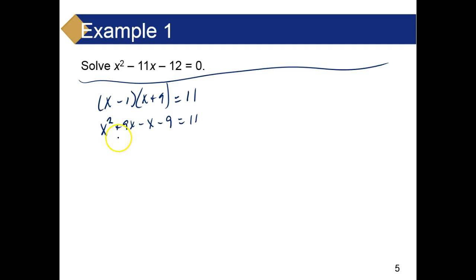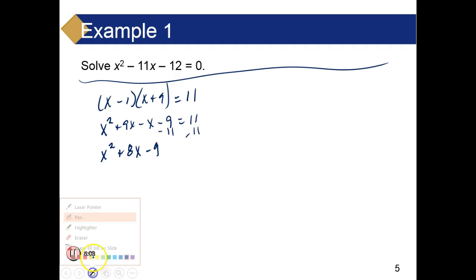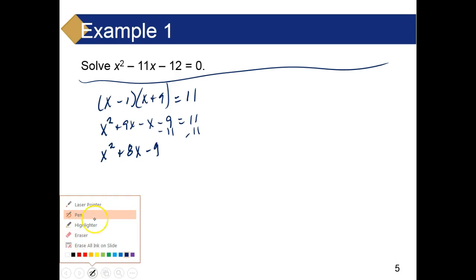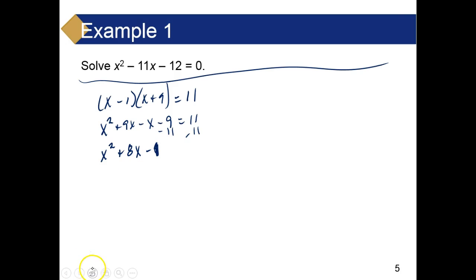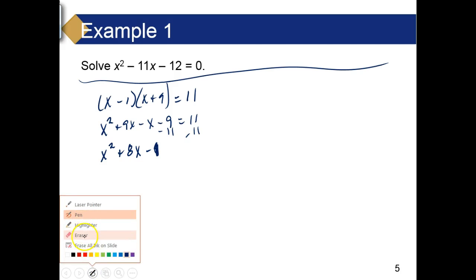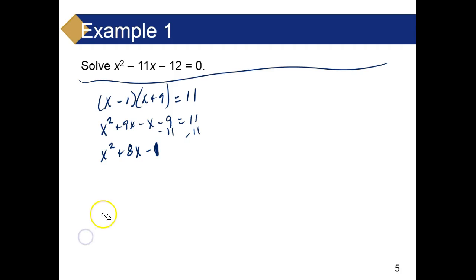Okay, and how about combining like terms at the same time? x squared plus 8x minus 9. Subtract 11 from both sides, and that would make that minus 20. Minus 20 is equal to what? 0. Now we want to factor.